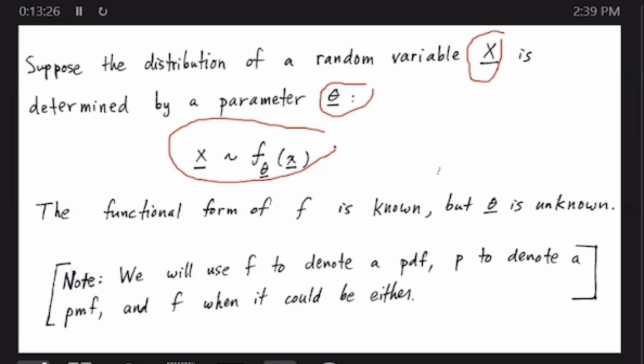Every probability distribution is parameterized. Does that make sense? And at times we may not know. Some of them may be known, some of them may be unknown. And that was why I said the functional form of f is known. You know the probability distribution of the population, but the theta is unknown.